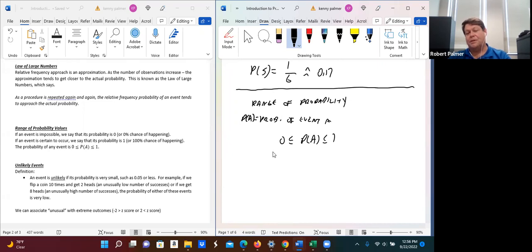And we can also think of this as 0%, thinking in terms of percent, and 100%. Now, 0 is impossible, and 100% is certain.